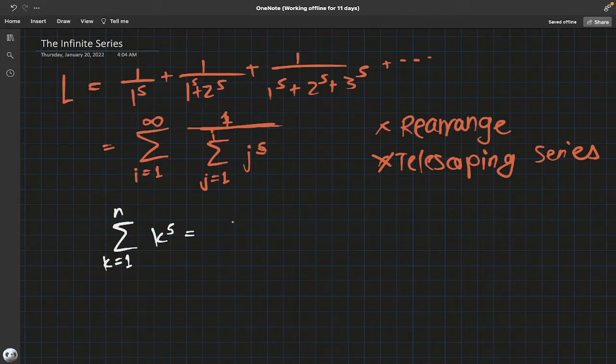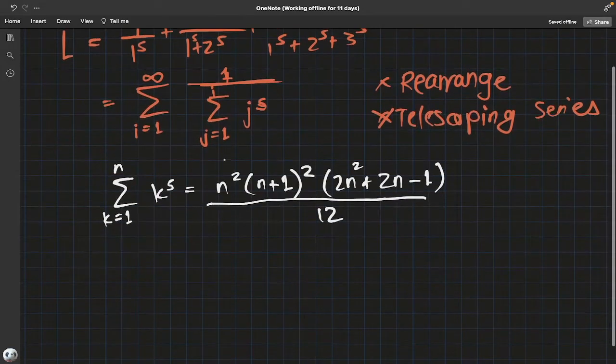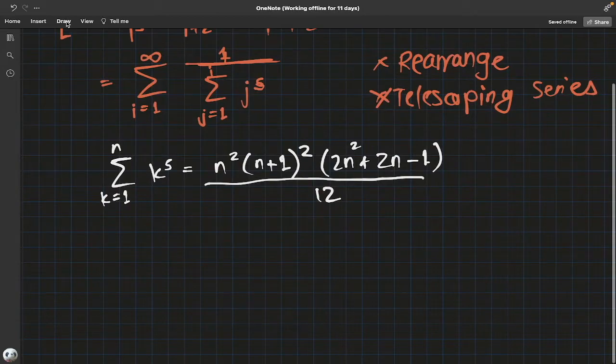The sum of k to the fifth is n squared times n plus 1 squared times 2n squared plus 2n minus 1, divided by 12.